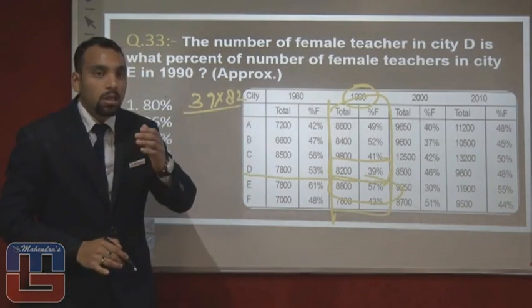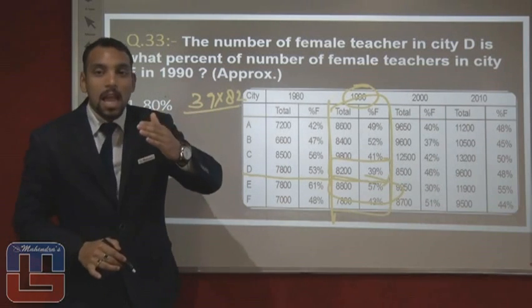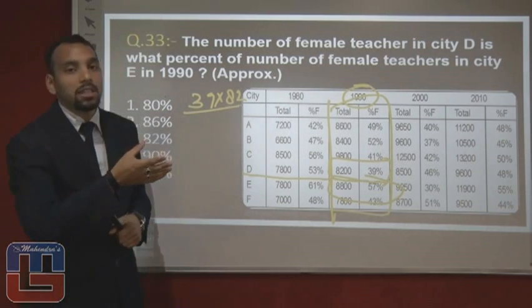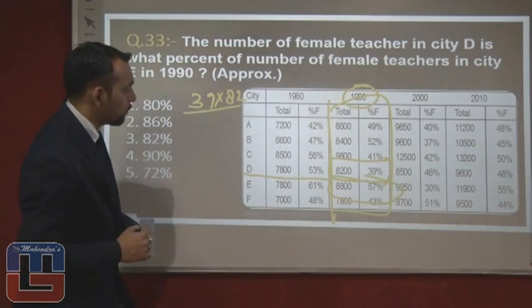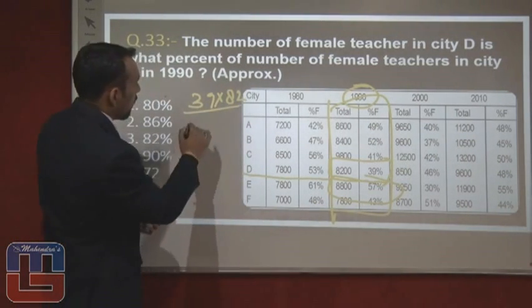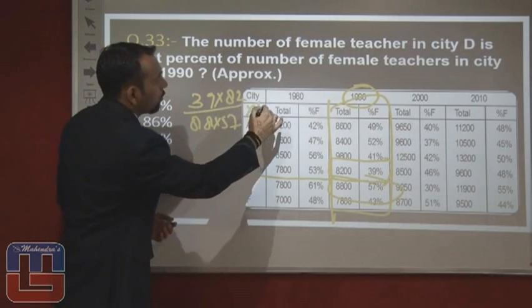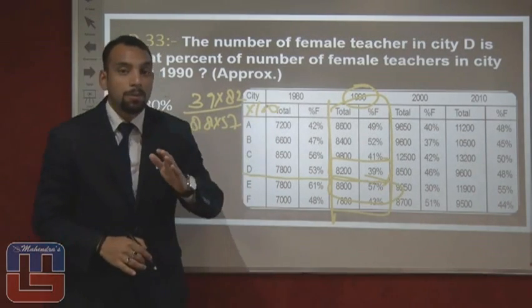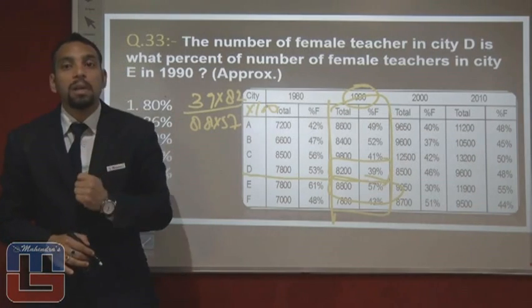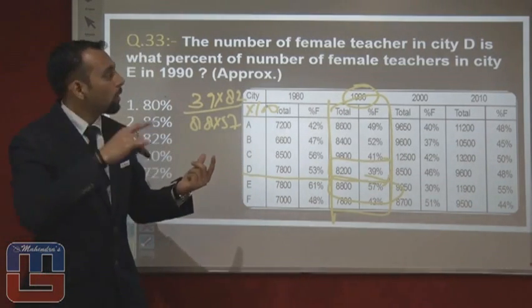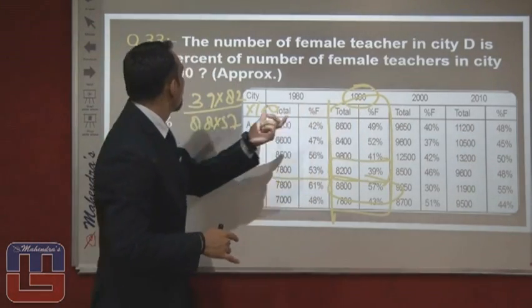Right? Now, what the question is saying is approximately number of female teachers in city E in 1990. Where is this? So 88 into 57 into 100. Now I'm repeating again, number of female teacher in city D. This is the city D in 1990. You can see, right?